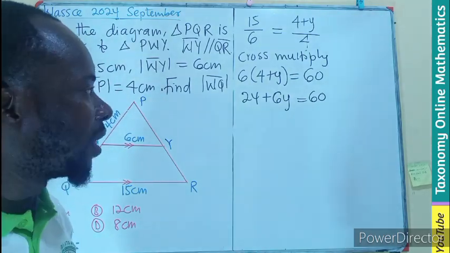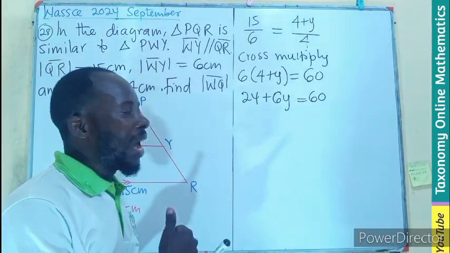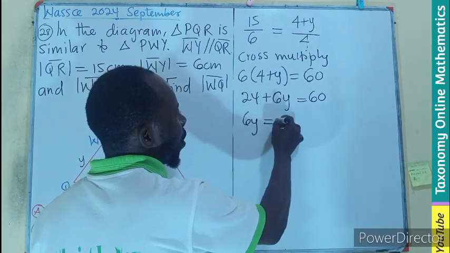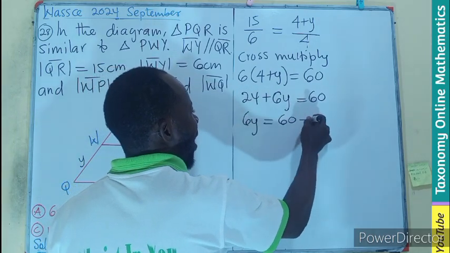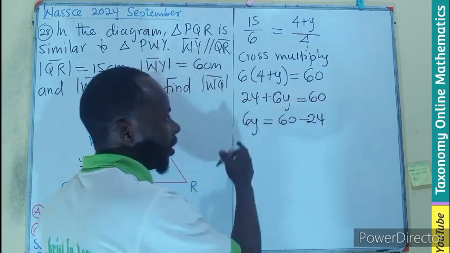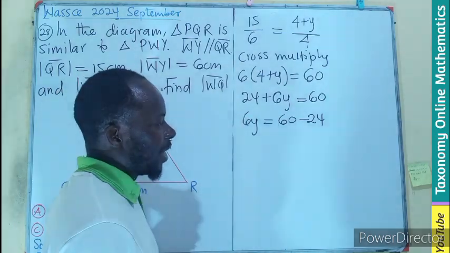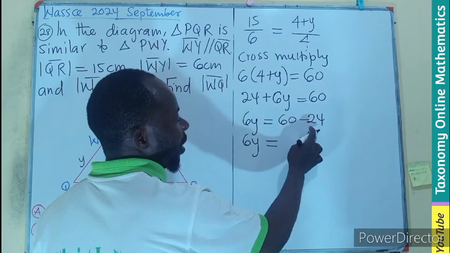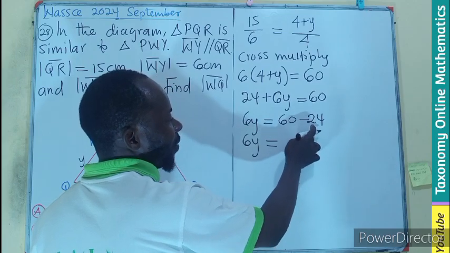This is a linear equation where we make 6Y the subject. So 6Y will be equal to 60 minus 24. This is positive, it becomes negative.